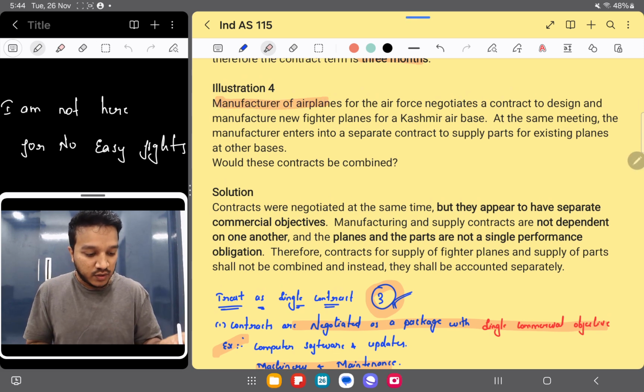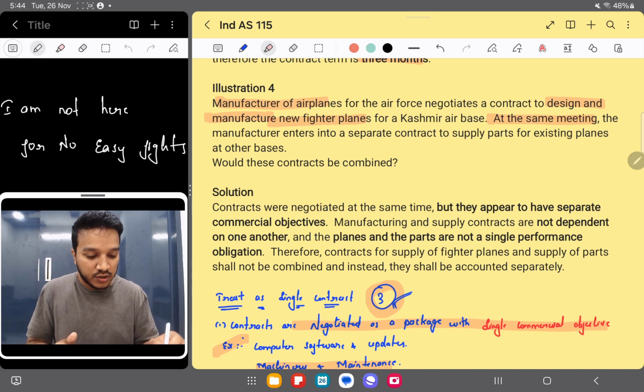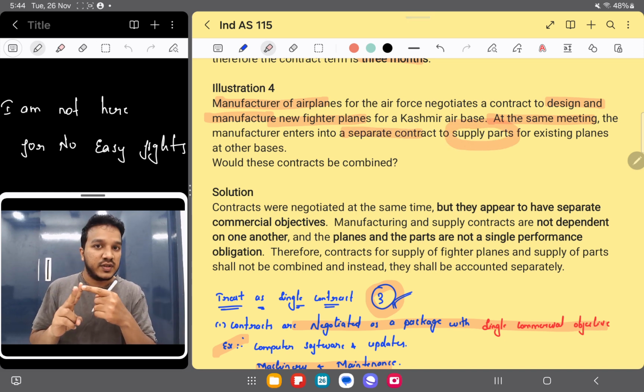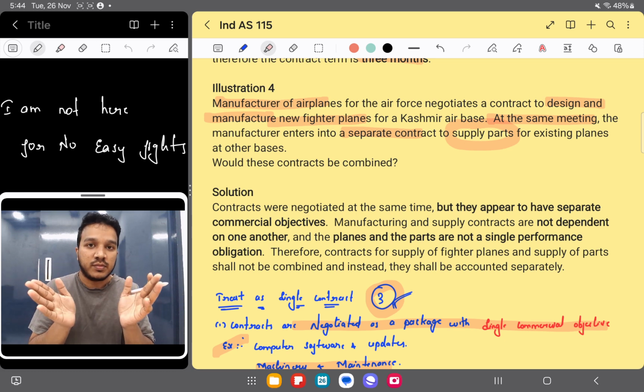A manufacturer of airplanes. The Air Force negotiates a contract to design and manufacture new fighter planes. At the same meeting, it entered into a separate contract to supply parts. The first one is to design and manufacture, and the second one is to supply parts. Here you should understand that both are 2 different performance obligations.